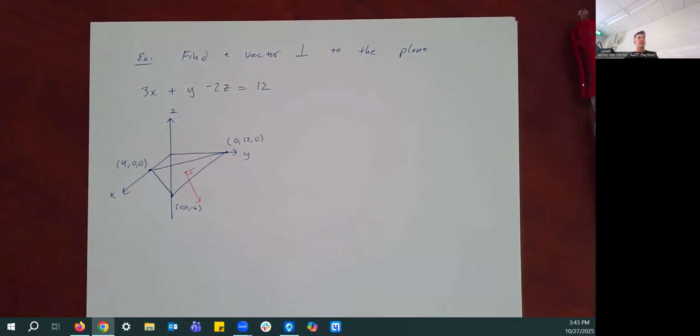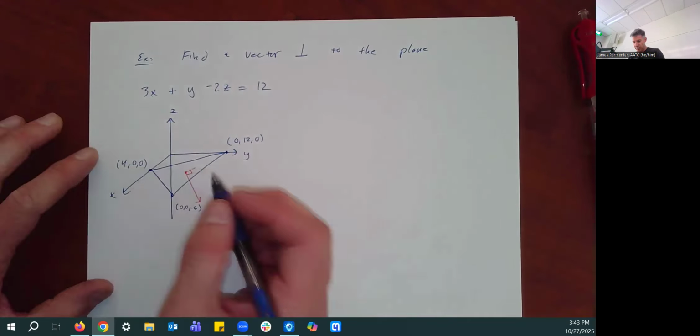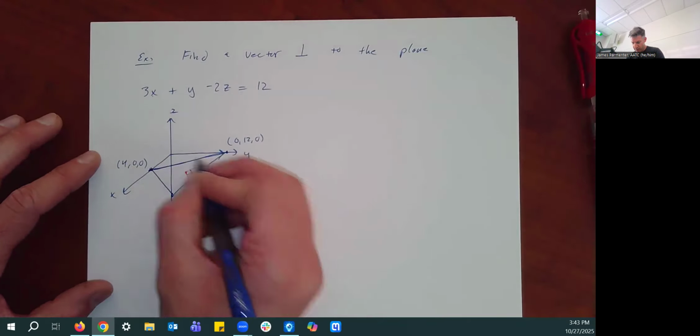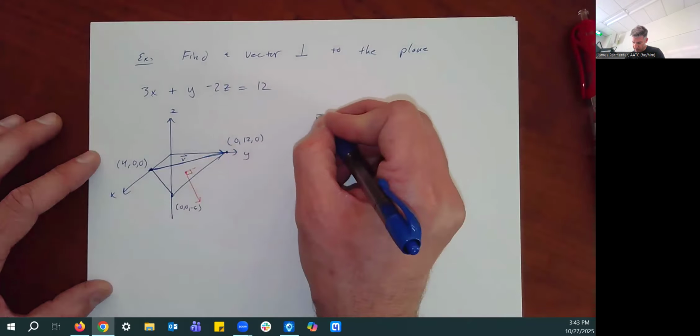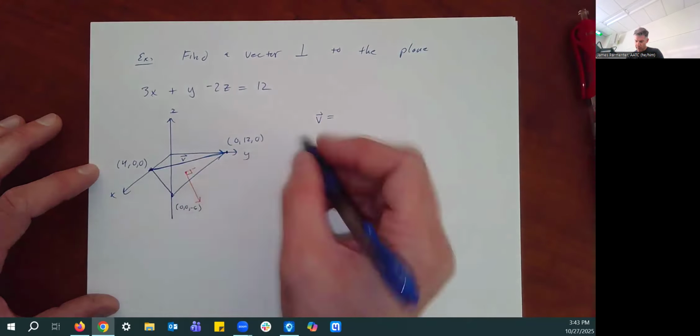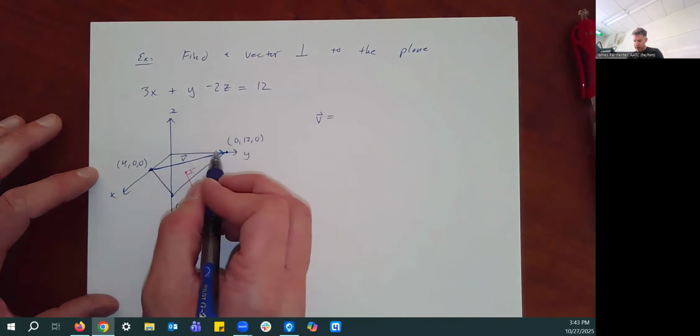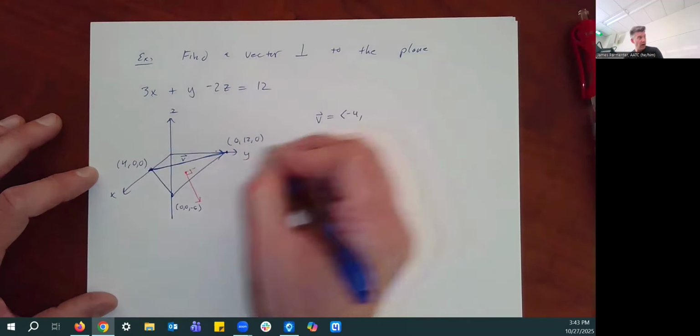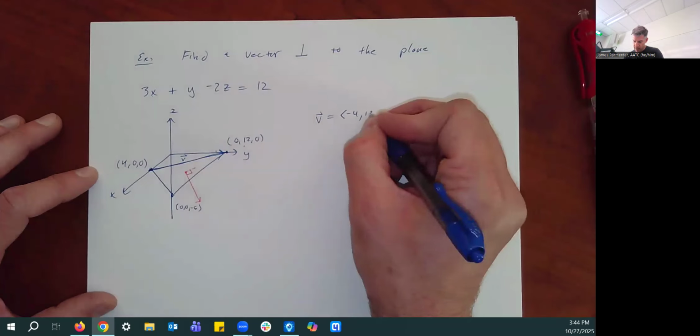Pick any two vectors. Essentially, I'm going to start here and end there. So one of my vectors, let's call that one v. The vector v is, if I'm starting here and ending there, going to be (0 minus 4, 12 minus 0, 0 minus 0).